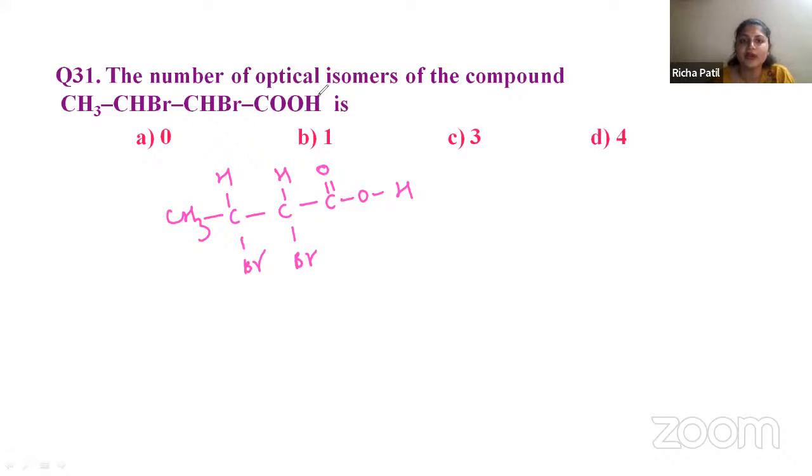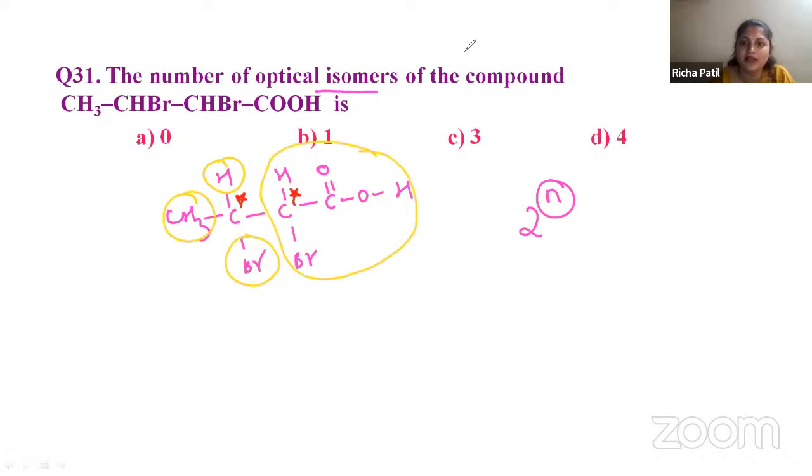You have to calculate the number of optical isomers by 2 raised to n. n represents the number of asymmetric carbon atoms. Asymmetric carbon atoms means chiral atoms. So first you have to see the chiral atoms. Here these are the 2 chiral carbons. You can see how it is 2 chiral carbons: this is 1, 2, 3, and this is another group.